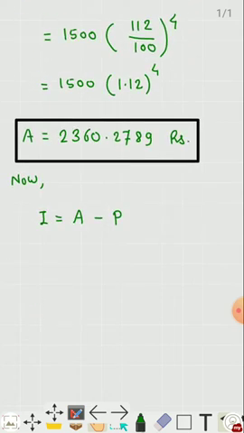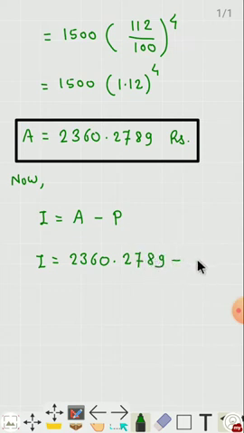Therefore the compound interest which we get after 4 years is amount 2360.2789 minus principal invested 1500, and this subtraction is 860.27089.